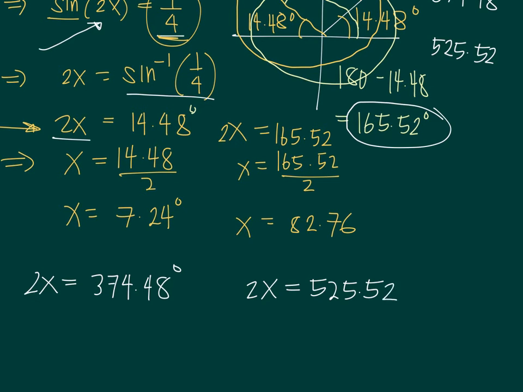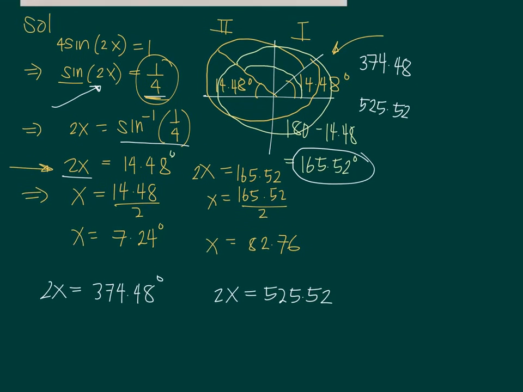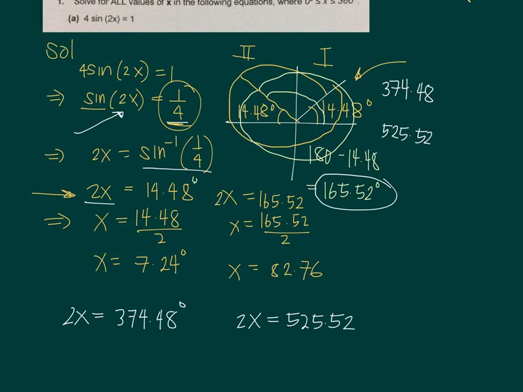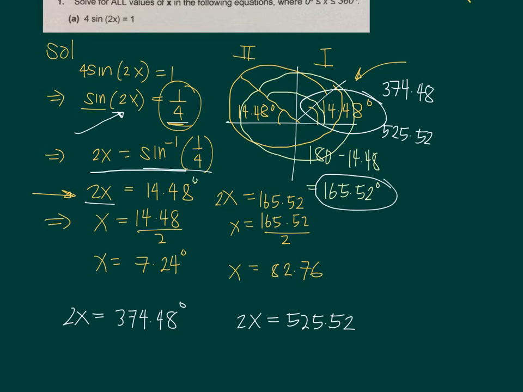Before I continue, I just want to make sure that you understand where the two angles are coming from. First we already got 14.48, that's coming from the 2x. And then we just want to check if one more cycle, plus 360, one more revolution from 14.48 can also be used to find the x.